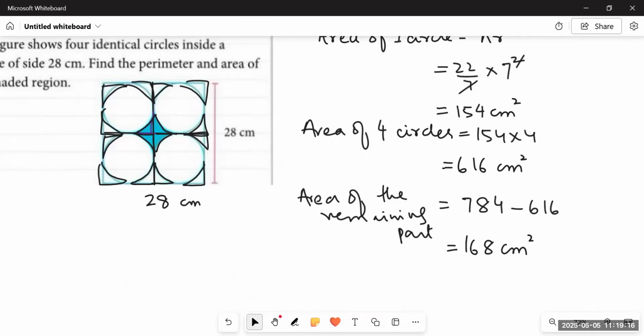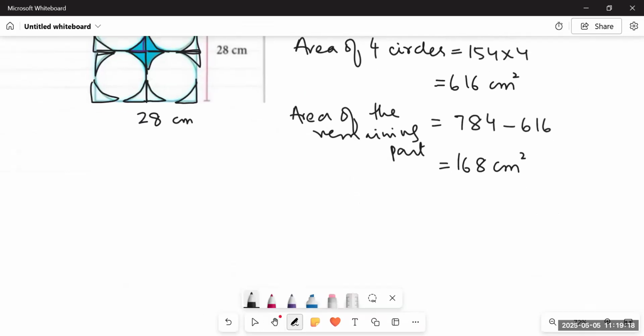So we can divide 168 by 16. This is how we can easily find it out.